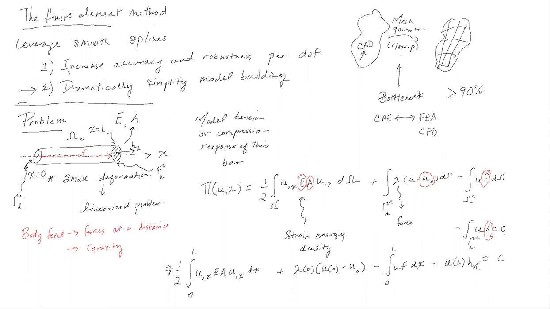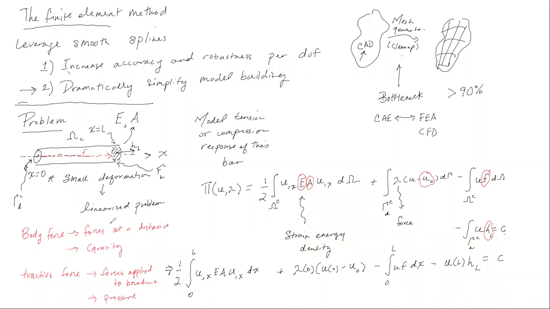Tractions are basically forces up close, and they act on the boundary of objects. So the canonical example of a traction force would be forces directly applied to boundaries, and the canonical example is a pressure.